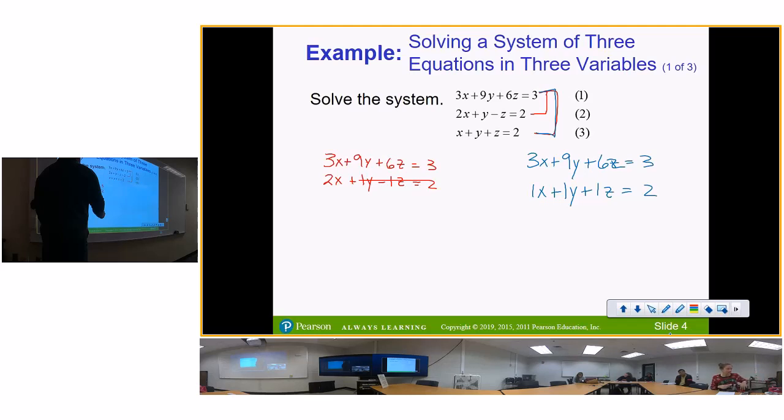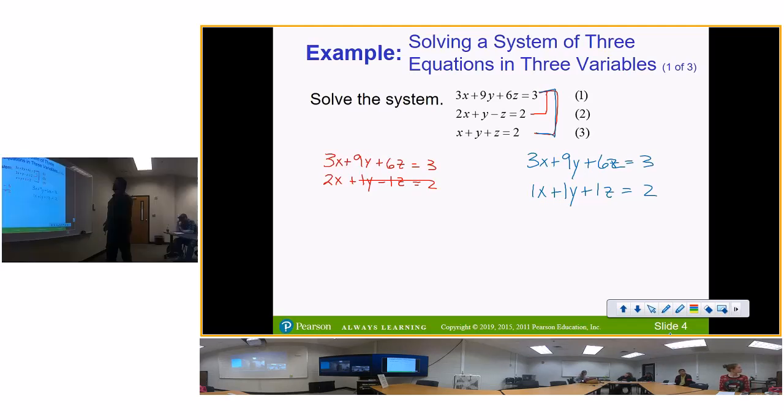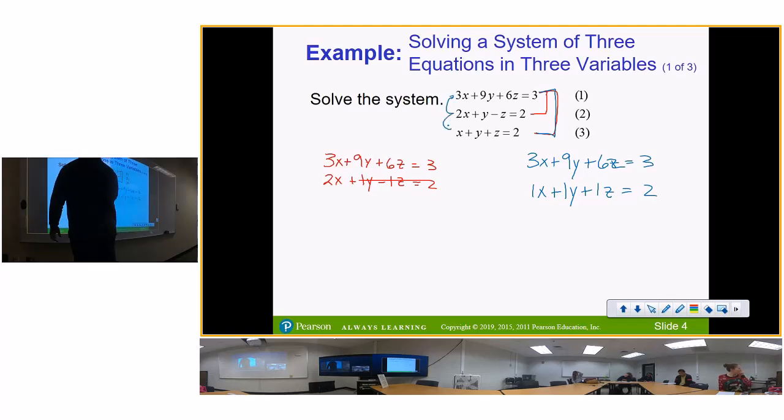I just picked. Now, you don't have to pick 1 and 2, 1 and 3. You can pick 2 and 1, and then 2 and 3. You can pick this one and this one, or this one and this one, just so long as one of them is represented how many times?